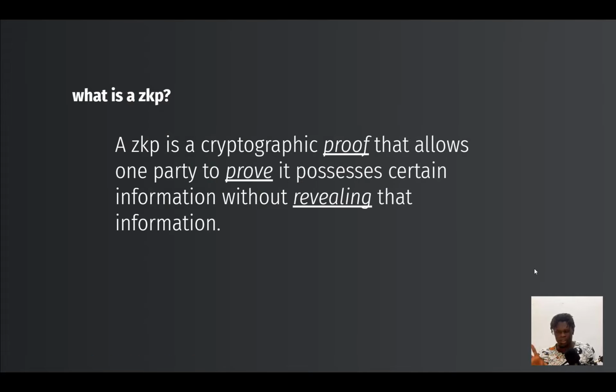Next, this is another definition I found, because a lot more will be handy with understanding this concept. A zero knowledge proof is a cryptographic proof that allows one party to prove it possesses certain information without revealing that information. Again, very similar to the first one. I get to prove that I know something without revealing what exactly that thing is.